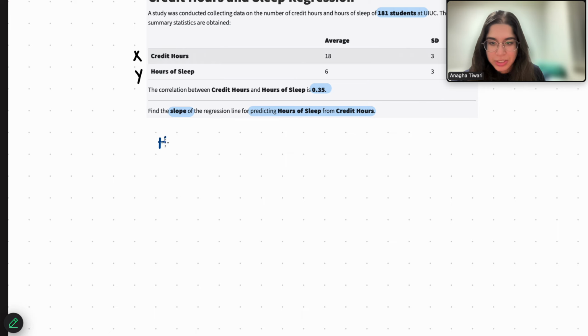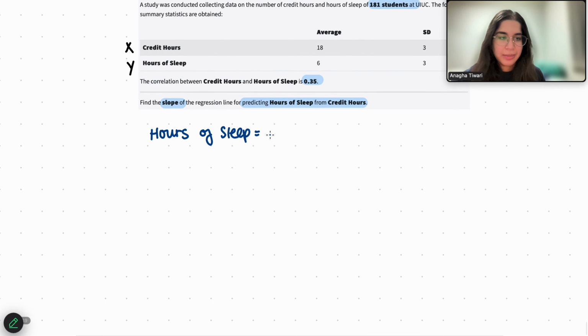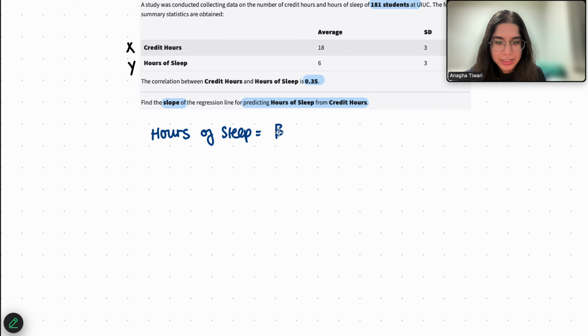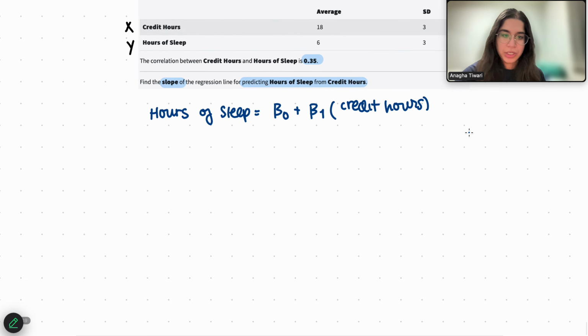Well, this is going to be hours of sleep equals my y-intercept, which is going to be beta 0, plus my slope times the independent variable. So slope is beta 1 times my independent x variable, which is basically credit hours. So this is the general equation here.